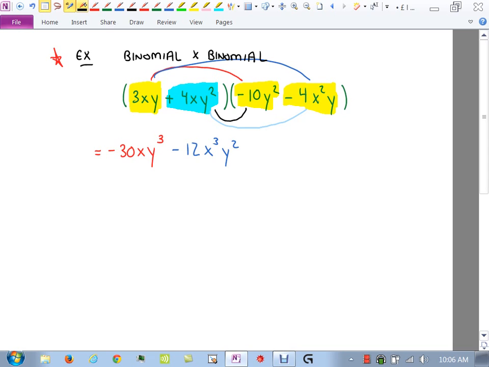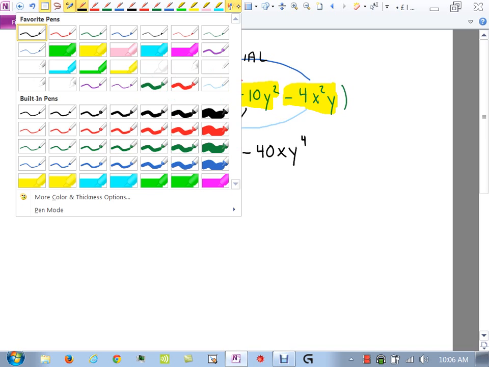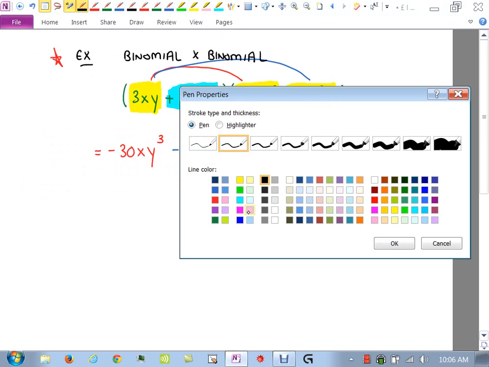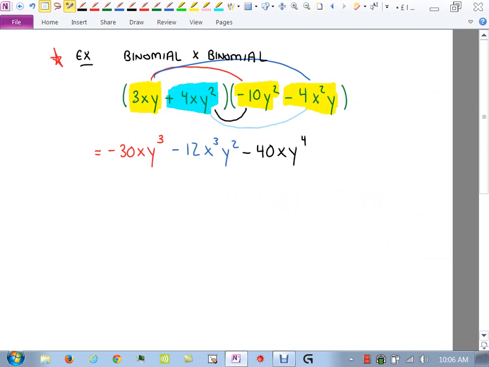What would you get if you do the black little loop there? Negative 40 xy to the third, fourth. Okay. And then negative 16 x cubed y cubed.